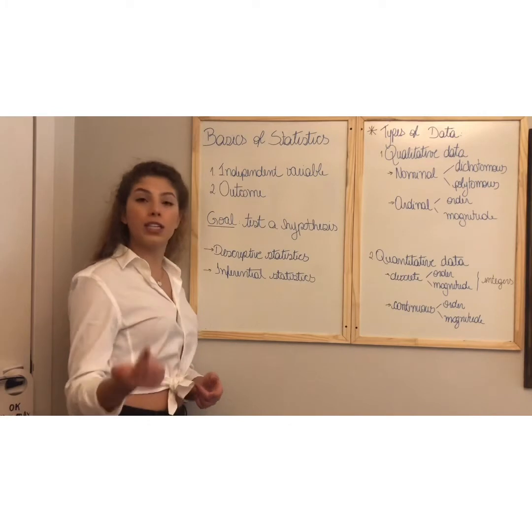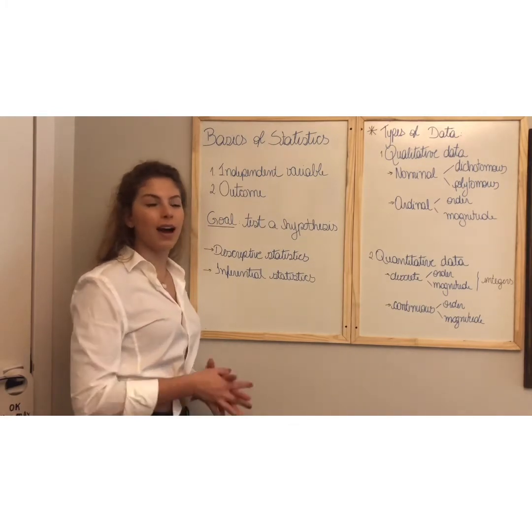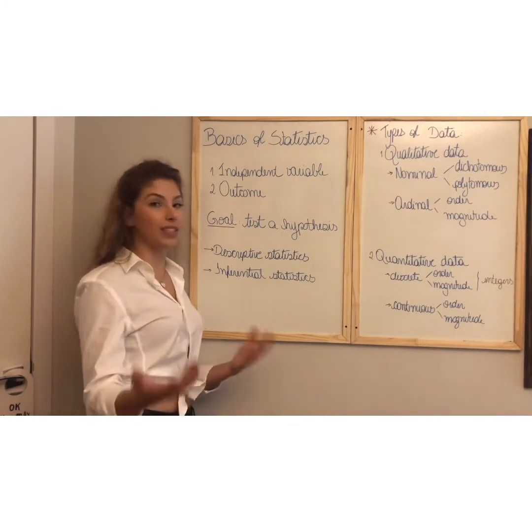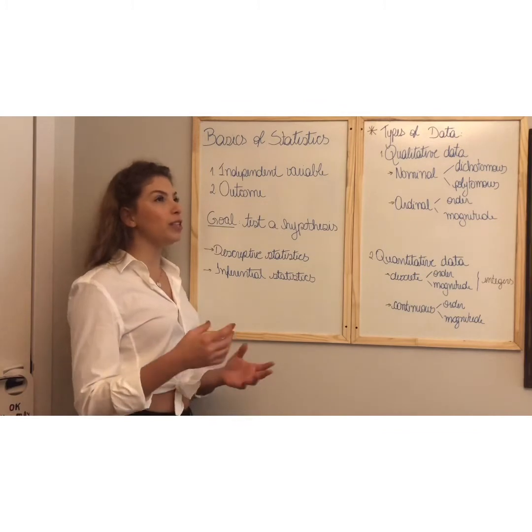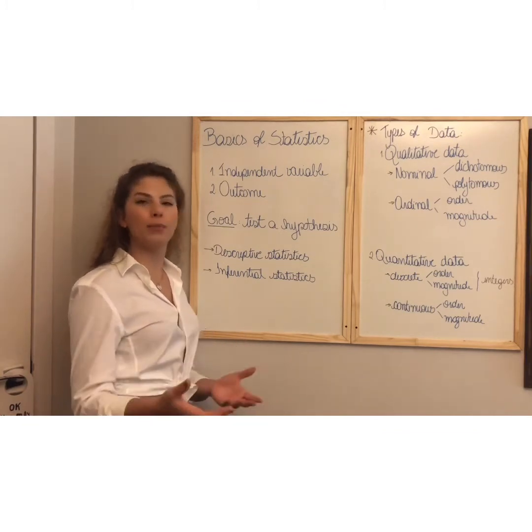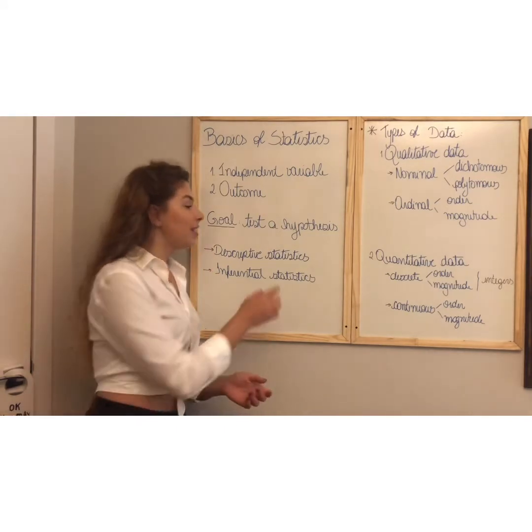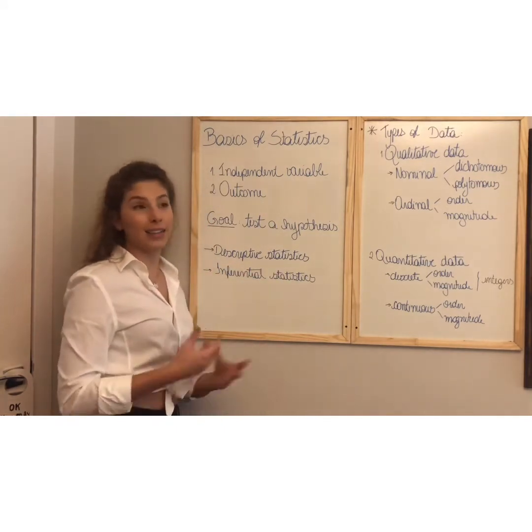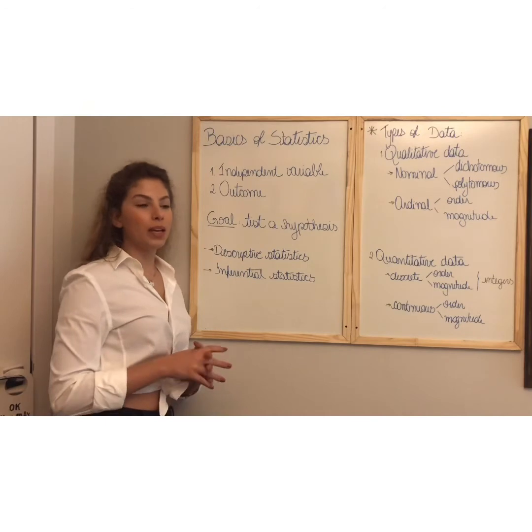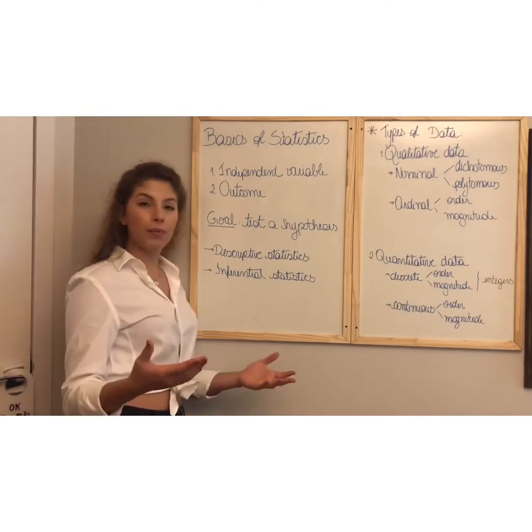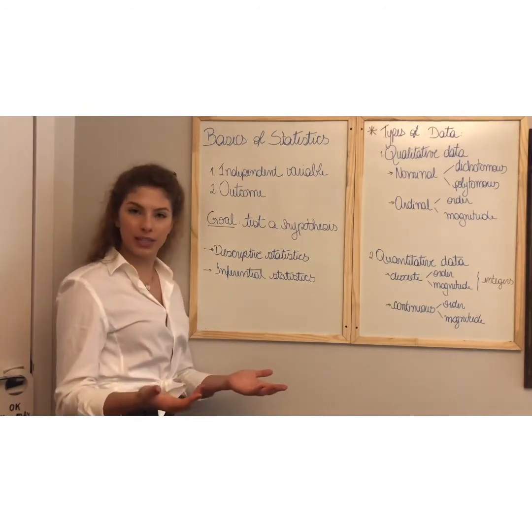So in order for us to know what exactly we are dealing with, we need to apply something that describes the data. So that would be a descriptive statistics. This kind of statistic aims to describe and characterize the data set we're dealing with.